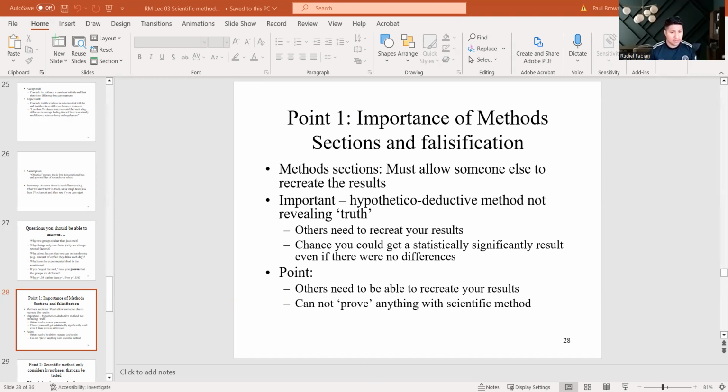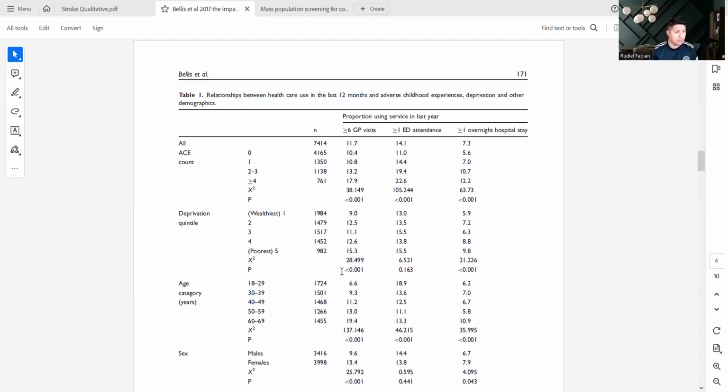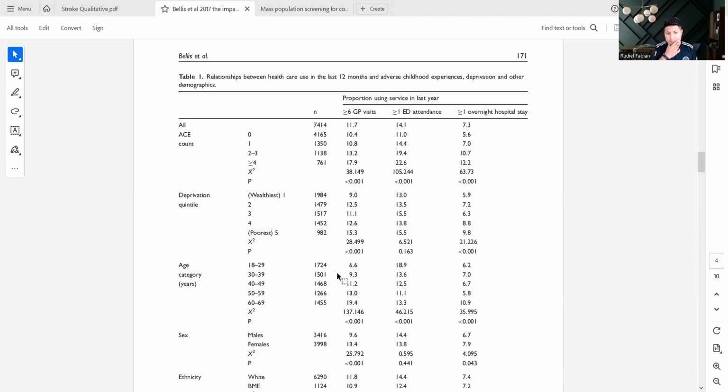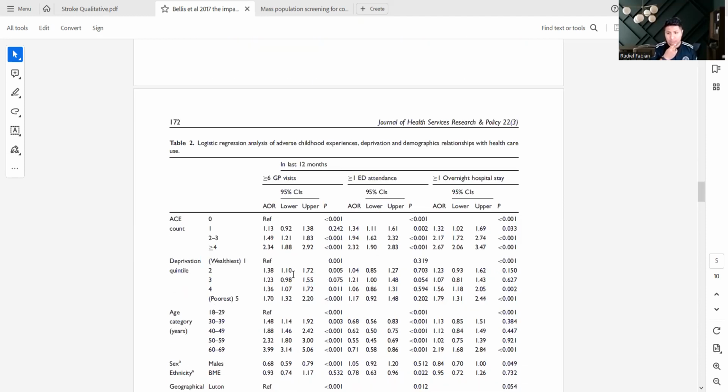Okay, so if you look at this, this is the paper that we went through that first day, where it shows odds ratios. Let me go down to odds ratio. There we go.